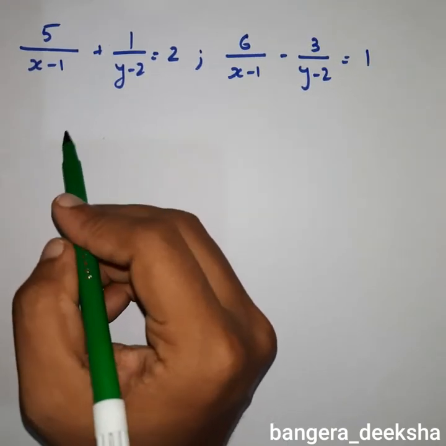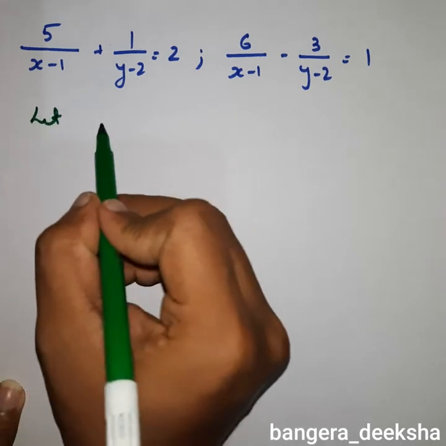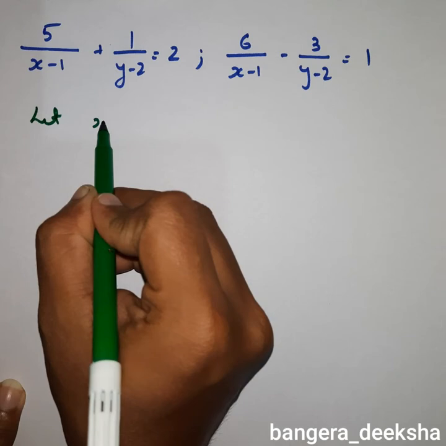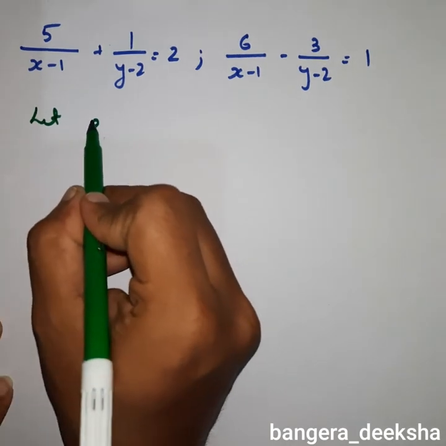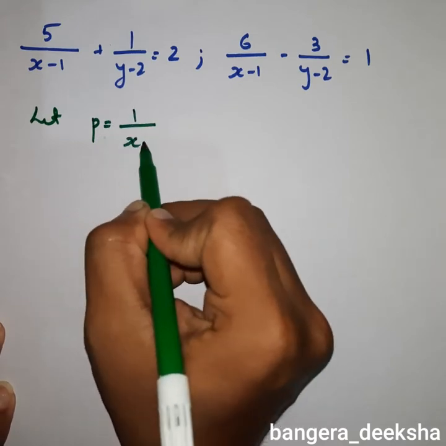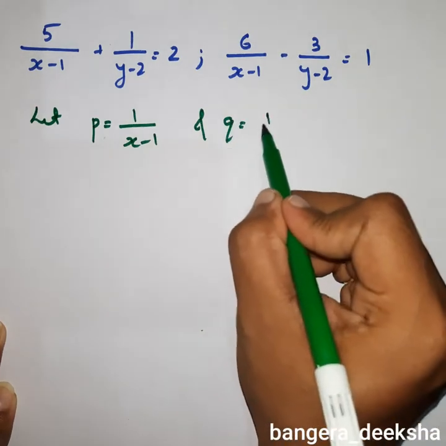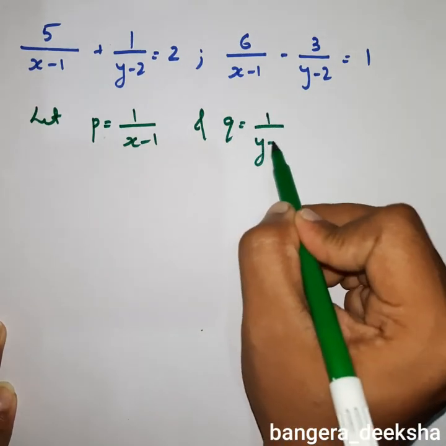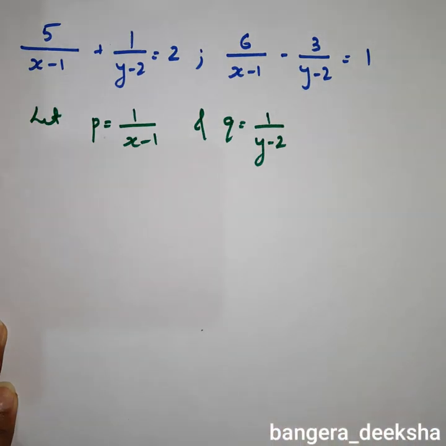So now what we'll do is, we'll consider let p is equal to 1 divided by x minus 1 and q is equal to 1 divided by y minus 2. So this is our relation. So we'll be using this and reforming the equation.